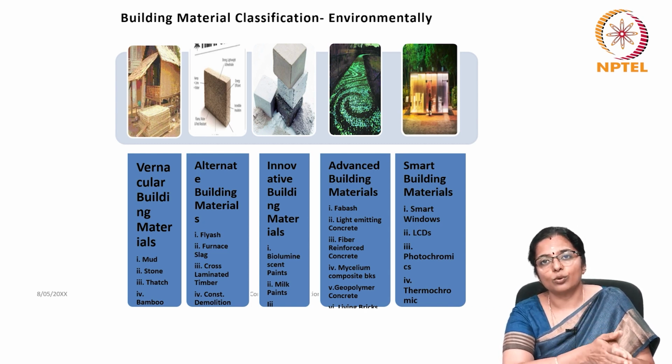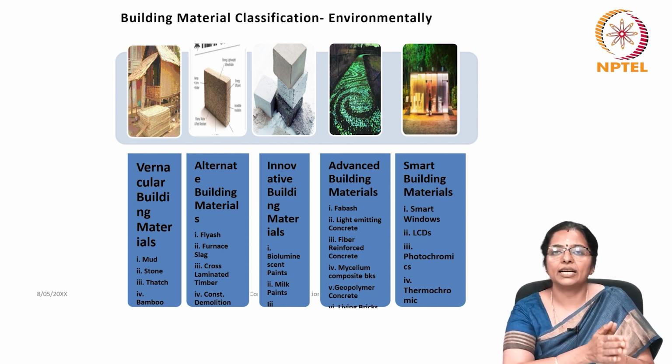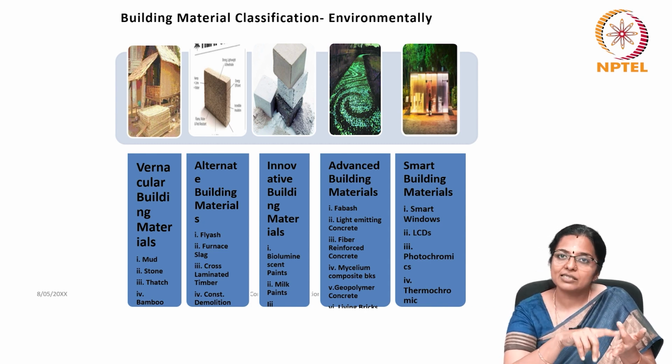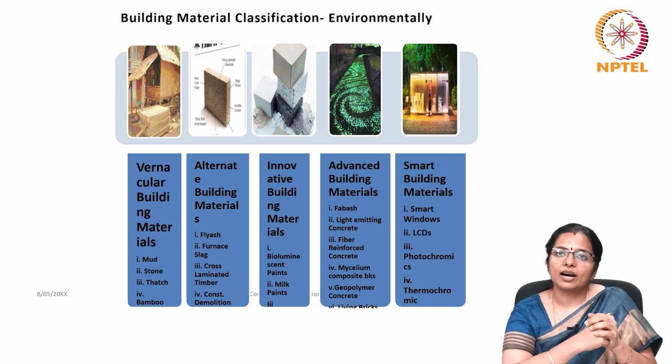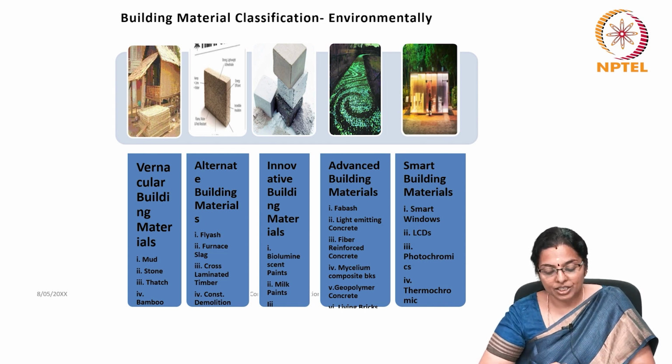And by doing so, we lower the embodied carbon of the contemporary prevalent building materials such as brick, concrete, steel, glass, etc. So, what are the alternate building materials we have studied? We have studied use of fly ash, furnace slag, cross laminated timber and construction demolition waste as alternate building materials.